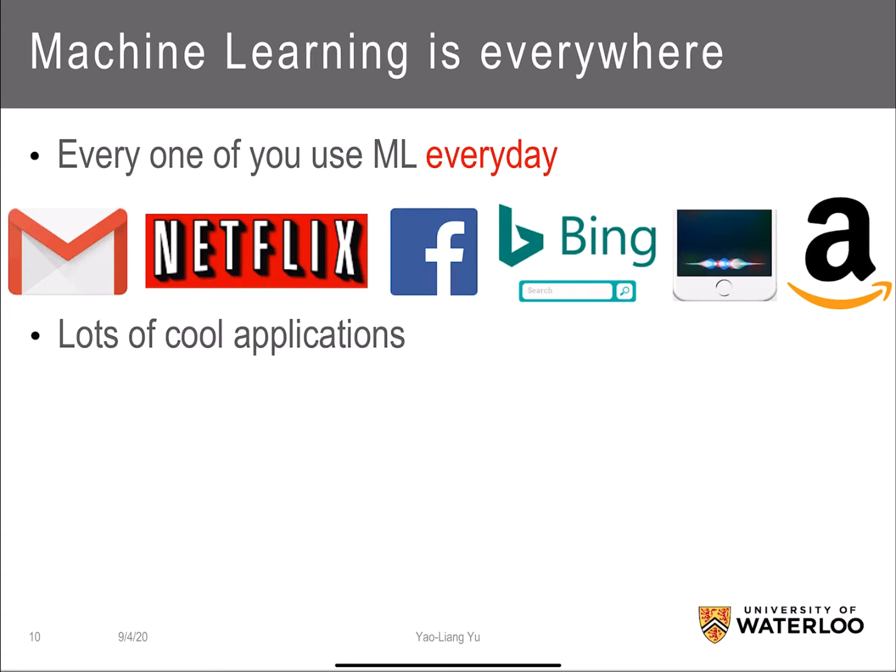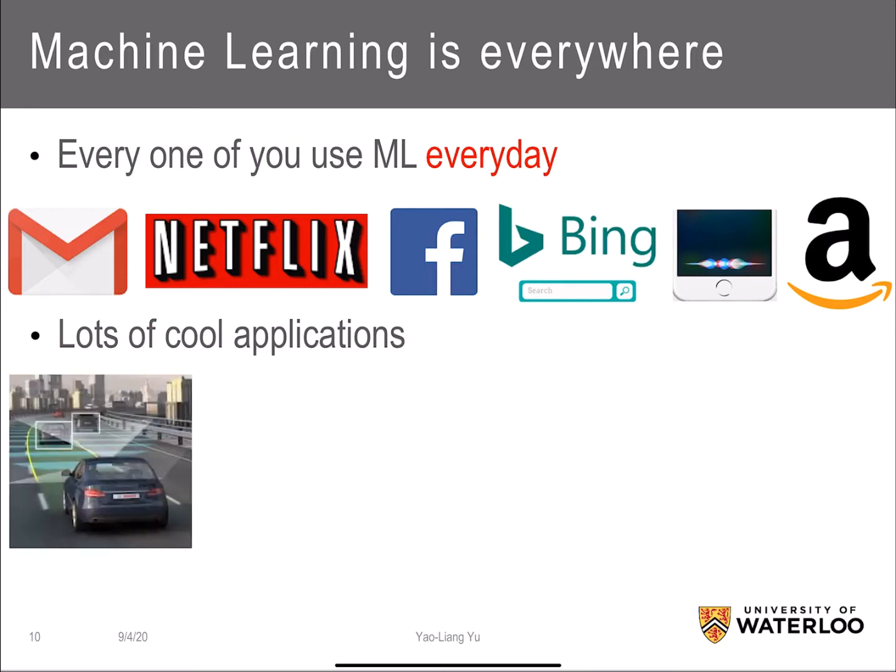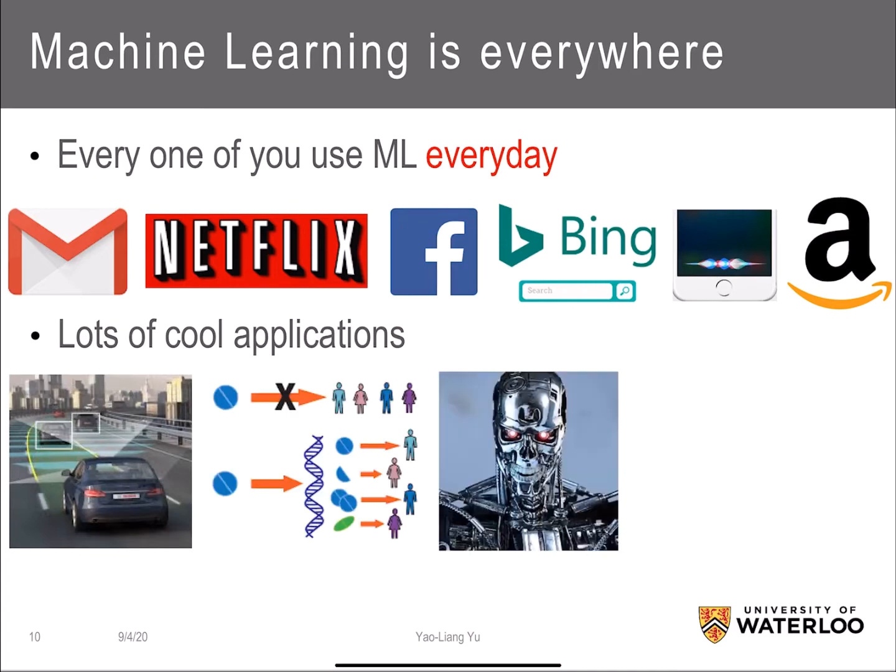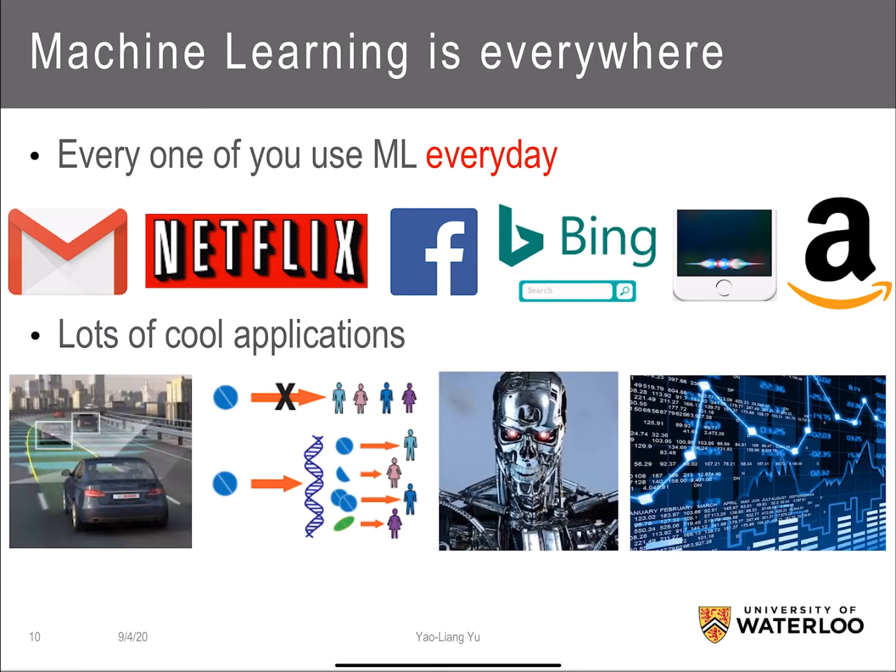And of course, there are lots of cool applications other than just the web applications. For instance, autonomous driving, bioinformatics, robotics, even finance, right? So machine learning really is everywhere, and every machine learning problem at the end of the day boils down to an optimization problem.